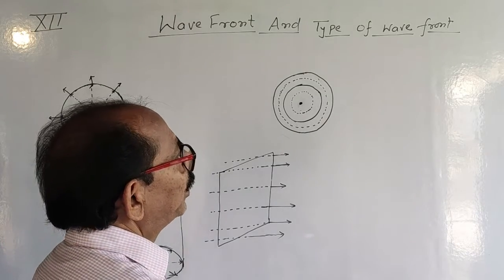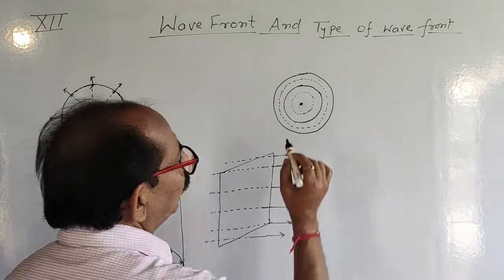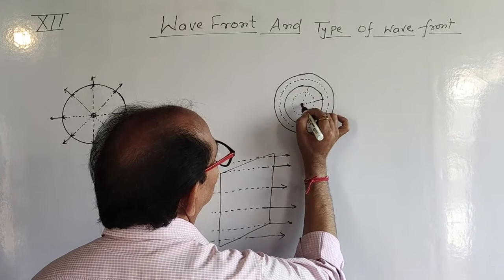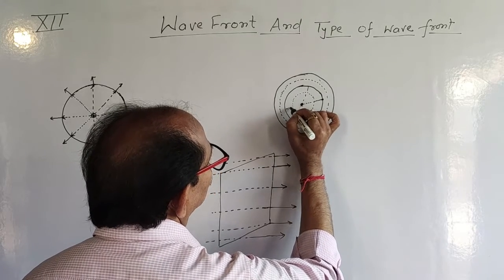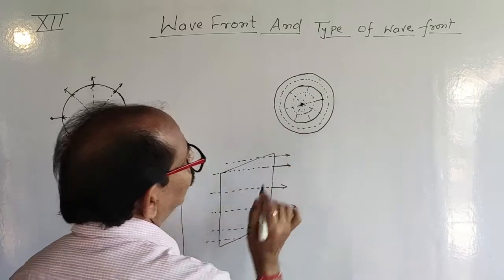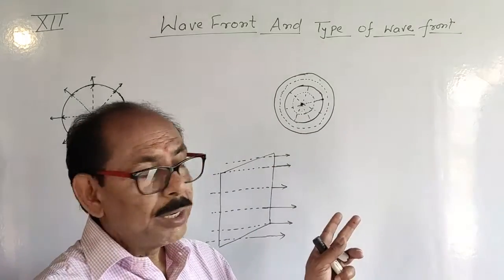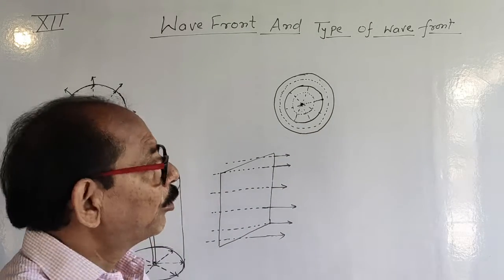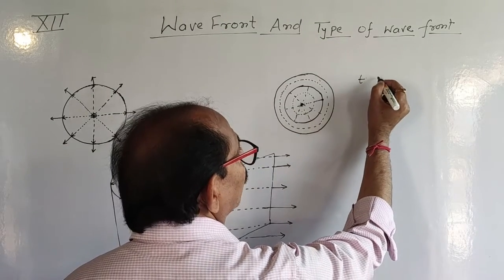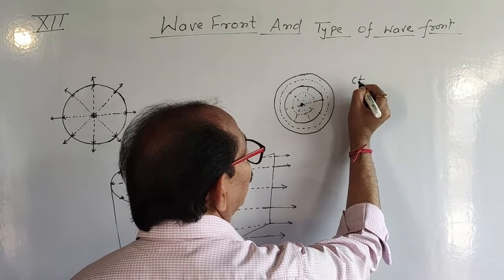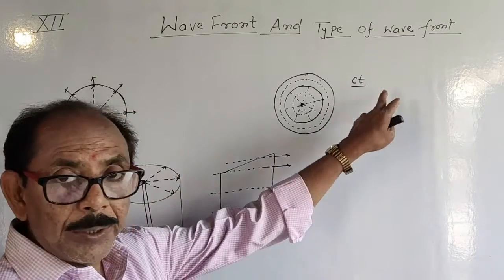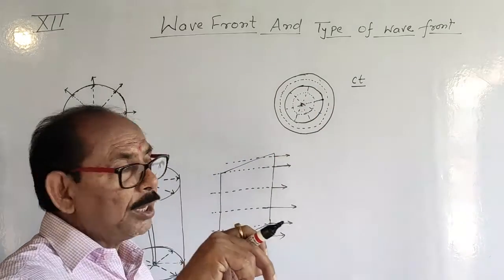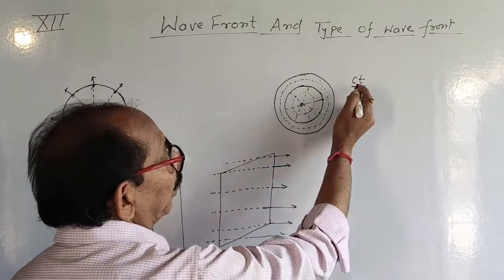In a given time, all the disturbance travels an equal distance. Suppose in time t, with velocity of light c, the distance travelled in time t will be ct. Assuming the source as the center, we draw a sphere of radius ct.